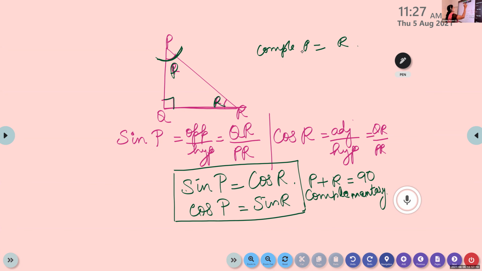The complement of angle P is R. So the complement of sin P is cos R. But how can we write R? We'll be writing in terms of 90 minus. That proof is not there, children, so for the time being, you leave this, but you note these two terms. Without using complementary, we can write sin P is cos R, cos P is the same as sin R.